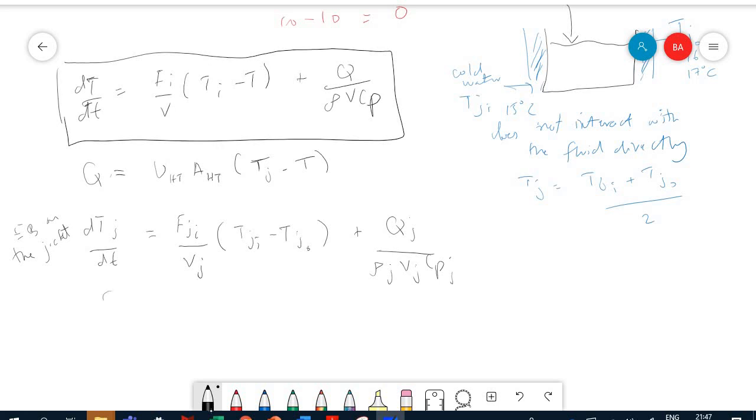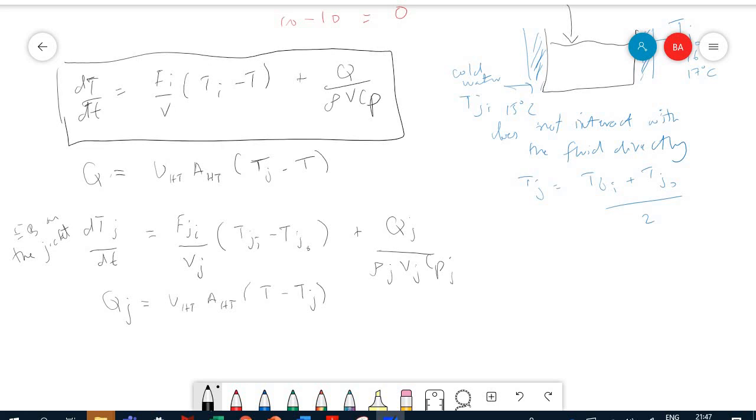And then we have another equation for Qj, which is exactly the same: U, the overall heat transfer coefficient, and the same surface area, multiplied by T minus Tj. Now it will be just the opposite equation, because we are doing the energy balance on the jacket, so the other system minus my system. So these are the two equations that we can add.